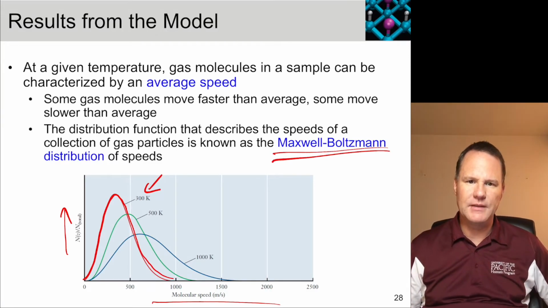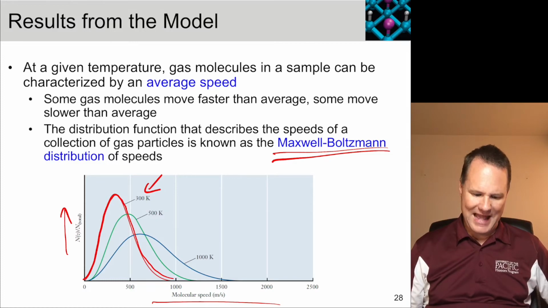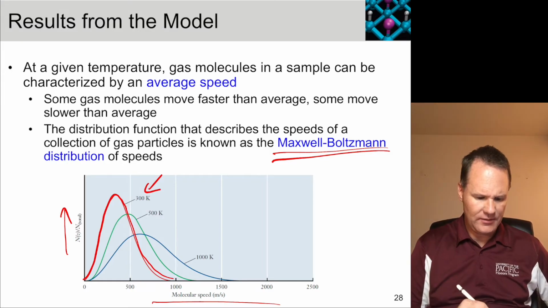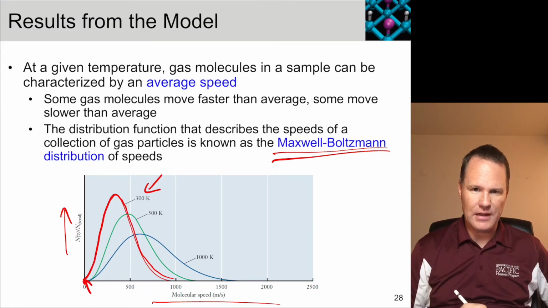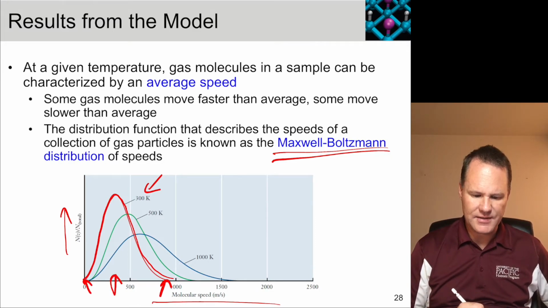The Maxwell-Boltzmann distribution tells us what is the probability of finding gas particles at a particular velocity. And you can see that we have particles with close to zero velocity, and we also have particles with very high velocity, and then we have a bunch of ones at average velocities.